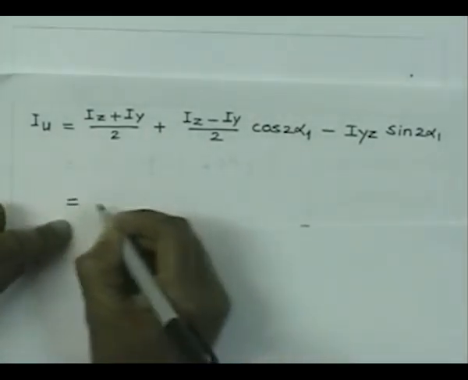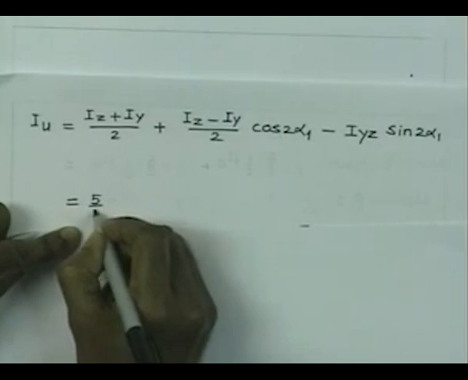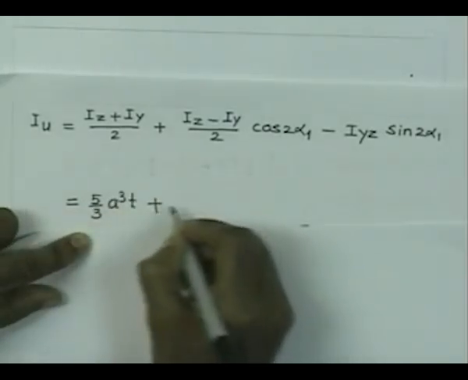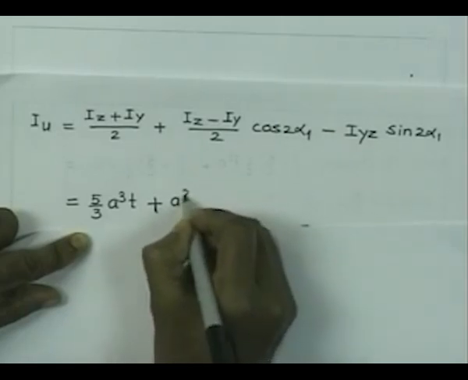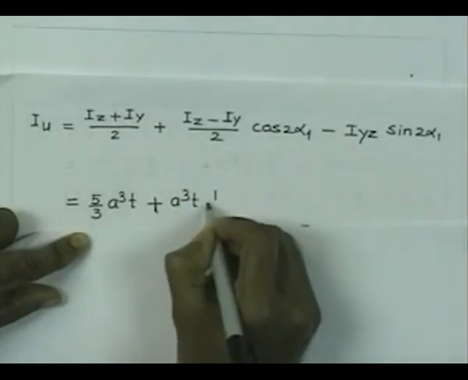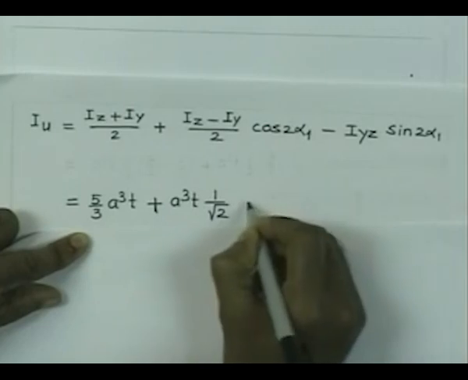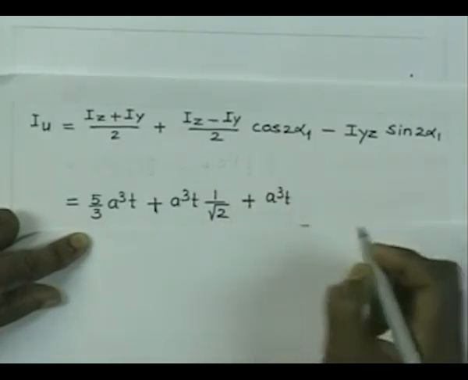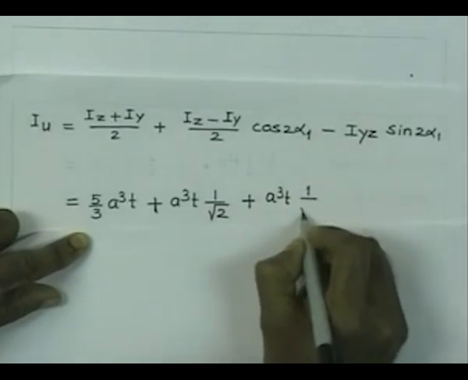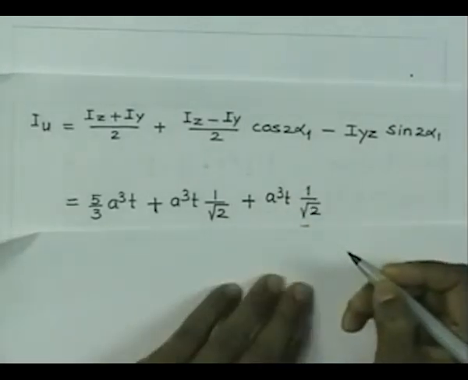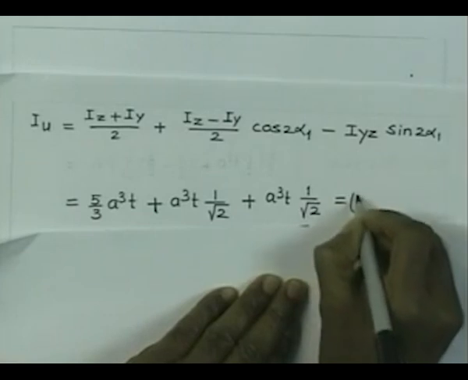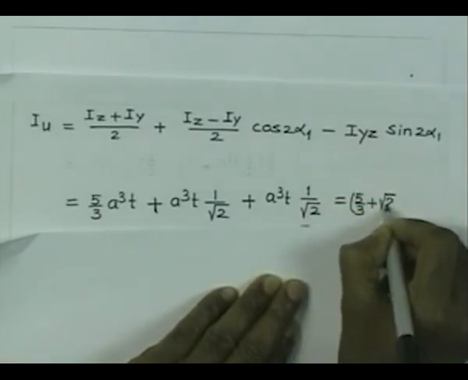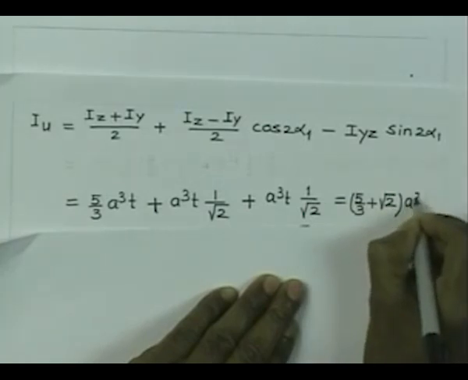So, finally, what we get here is 5 by 3 a cube t plus a cube t 1 by root 2 plus a cube t 1 by root 2, and this is equal to 5 by 3 plus root 2 a cube t.